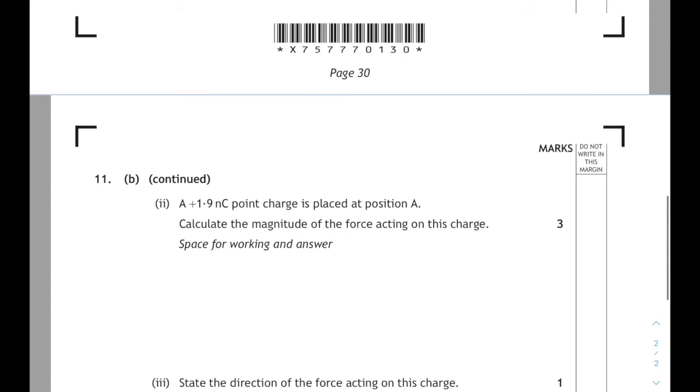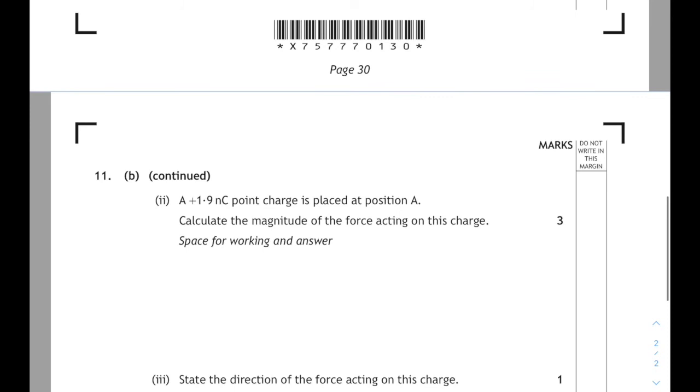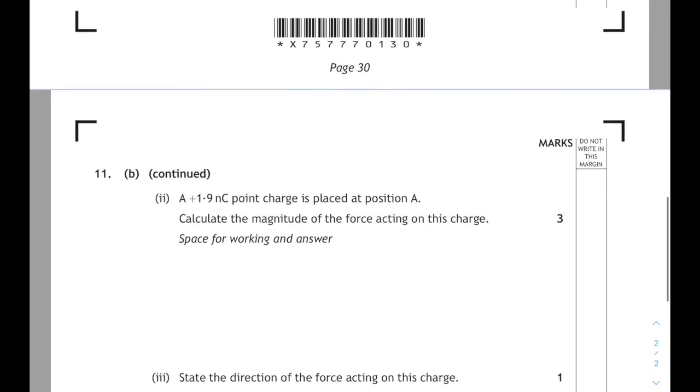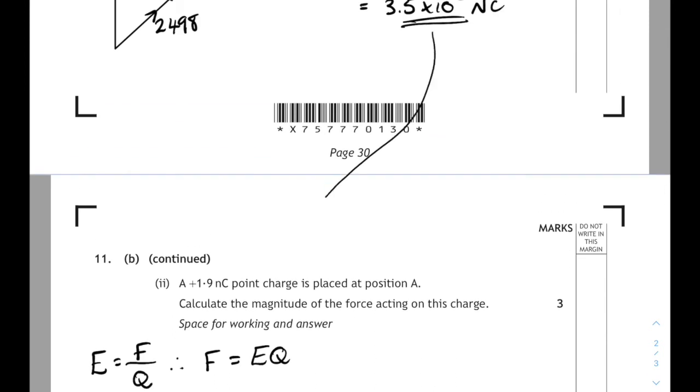Part 2, calculate the magnitude of the force acting on this charge. It's a 1.9 nanocoulomb point charge placed at position A in the diagram in the square. Now you might think here, oh man, do we need to do more vectors? No, you don't. We've already got the electric field strength, and therefore, because E equals F over Q, F equals E times Q, where E is your electric field strength.